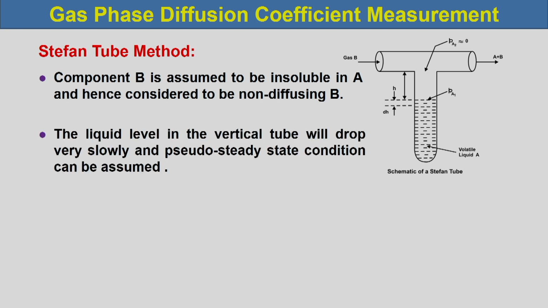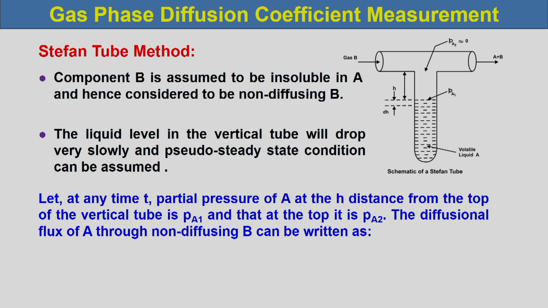The liquid level in the vertical tube will drop very slowly, and a pseudo steady state condition can be assumed. Let at any time t, the partial pressure of component A at distance h from the top of the vertical tube be PA1.